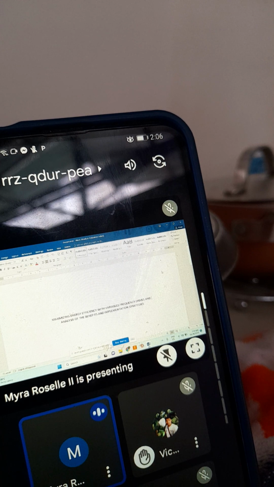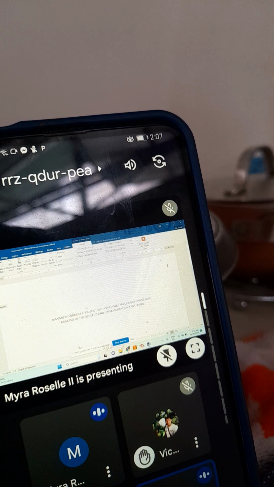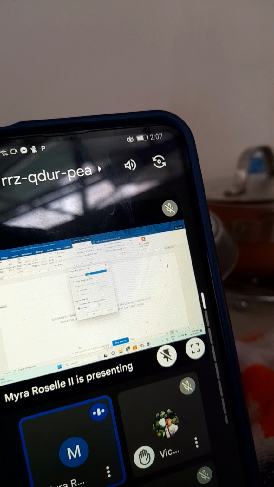Again, insert, page number, top, plain number 3, format page number. Look for the small Roman numeral, type small i, then okay.